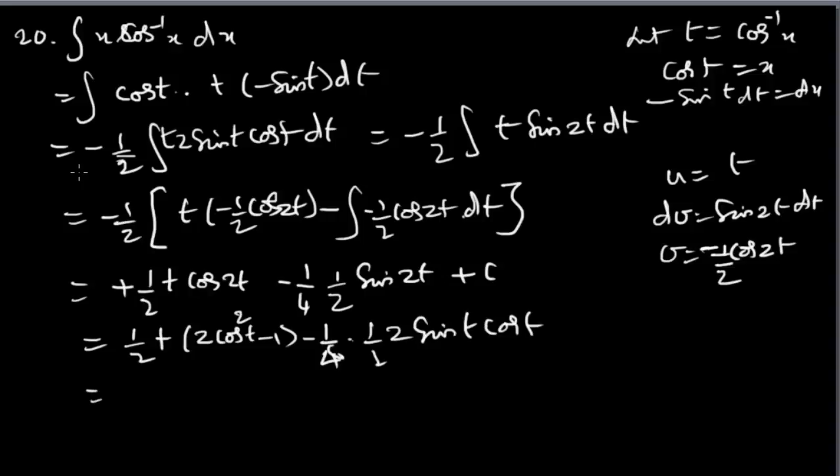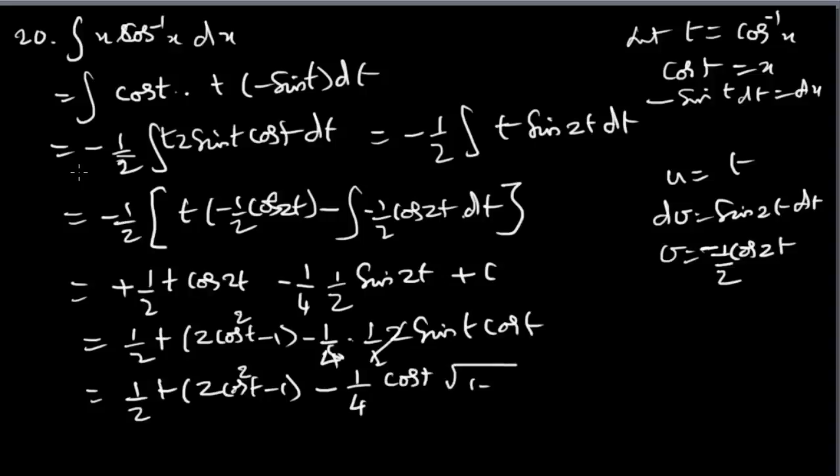So this is half t into 2 cos squared t minus 1, and here 1 2 cancels, minus 1 by 4 cos t, I write like that. Sin t is root of 1 minus cos squared t plus c. Here once integration is over, plus c is necessary.